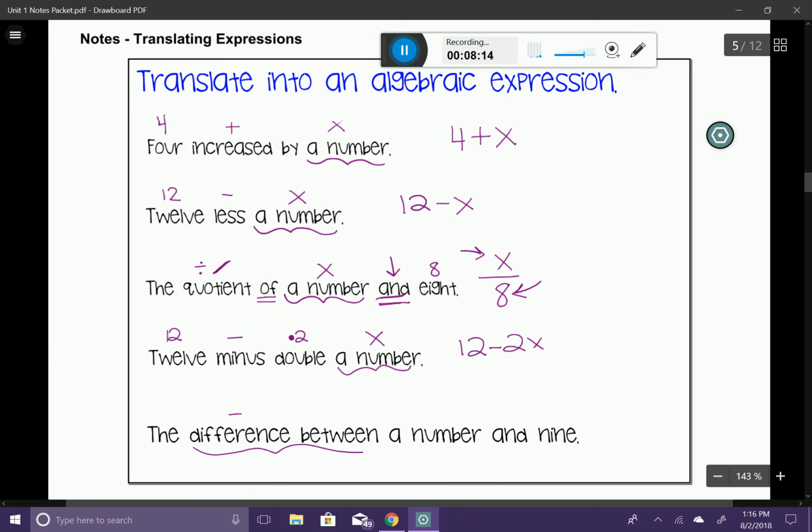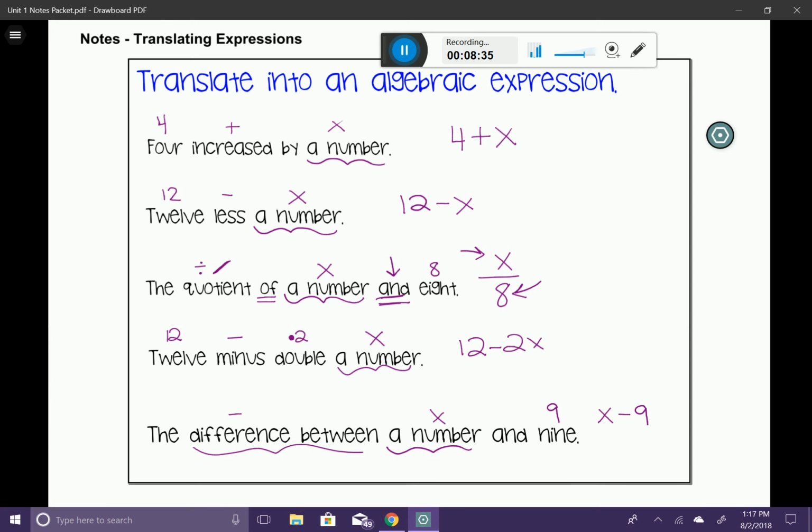And then the next is going to be a number, x, and 9. So whatever comes first, I'm looking at the x, the variable, minus 9. I always want to keep every term in the proper sequence. A number came before 9. So I'm looking for the difference between that number and then the 9.